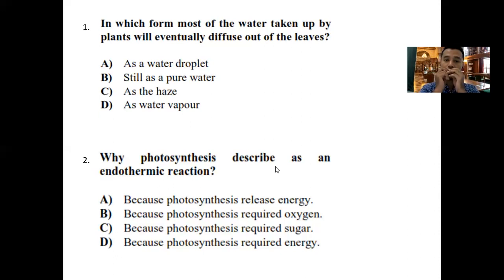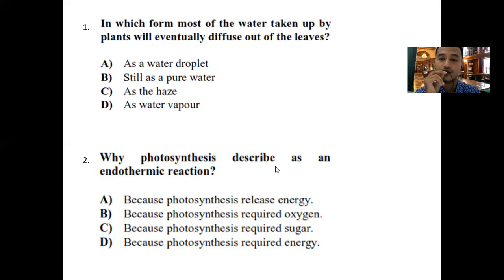So the best answer for this question is because photosynthesis requires energy. Why are A, B, and C wrong? Photosynthesis produces energy in a substance we call glucose, but that is not the reason we call it endothermic. B, because photosynthesis requires oxygen: oxygen is the gas released after photosynthesis, not required.